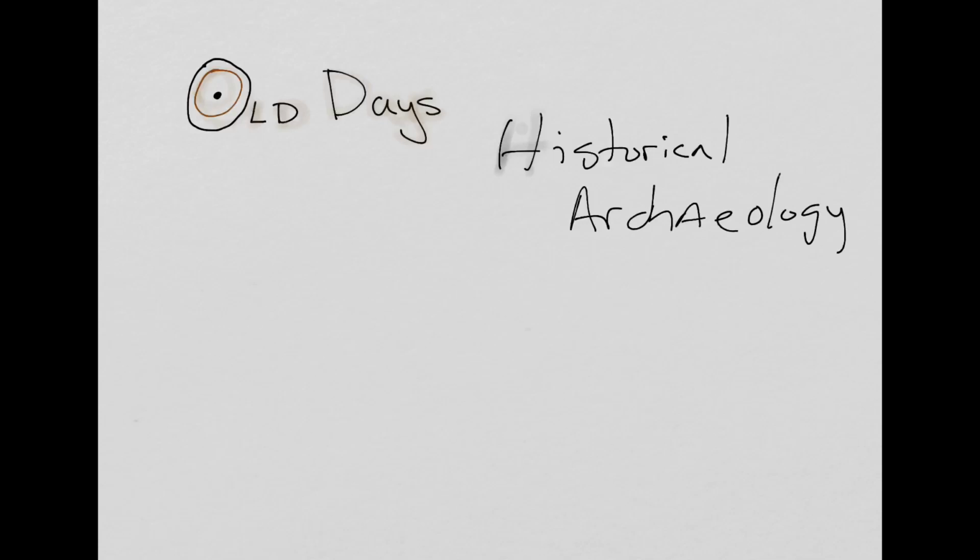Occasionally, if you were dealing with historical archaeology, you might have a historical text that could provide you with some dating context. For example, let's suppose you find a coin on an archaeological site.